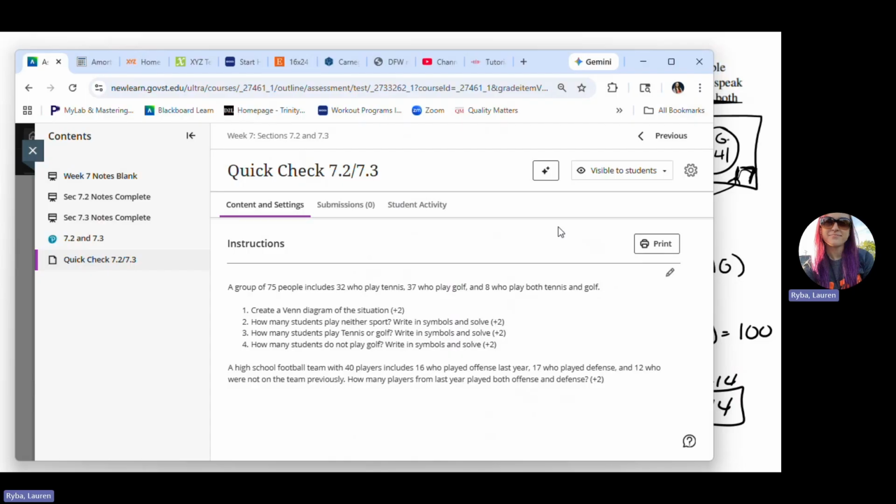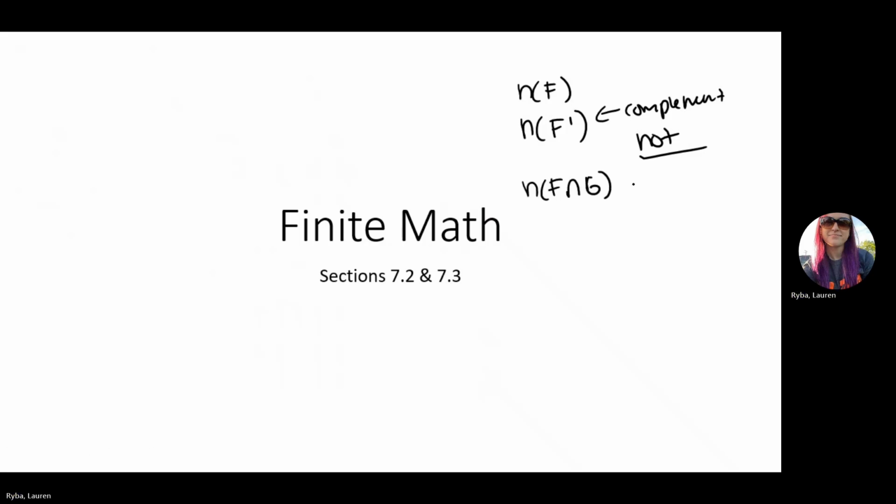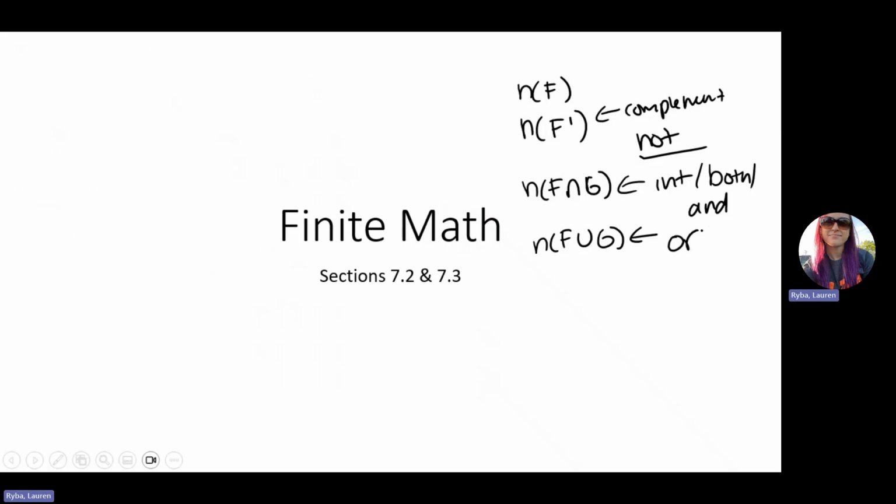So remember our choices are, so you could have like a single letter. This is the complement or not something. This is intersection, both and. Union is the or.